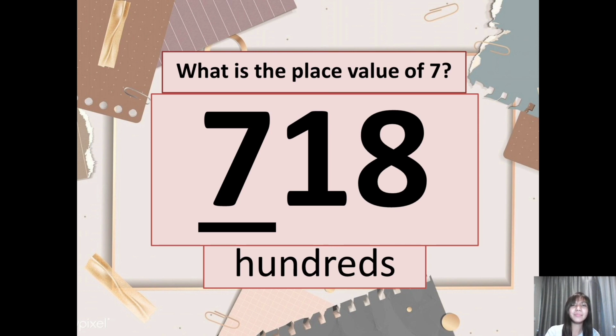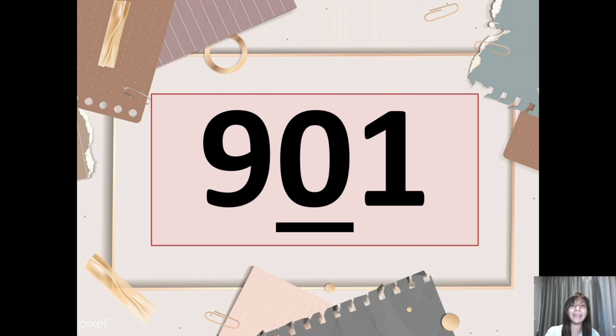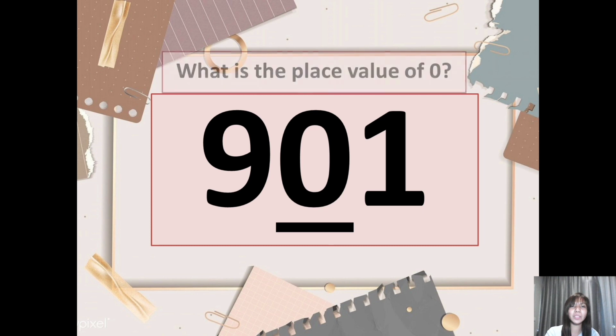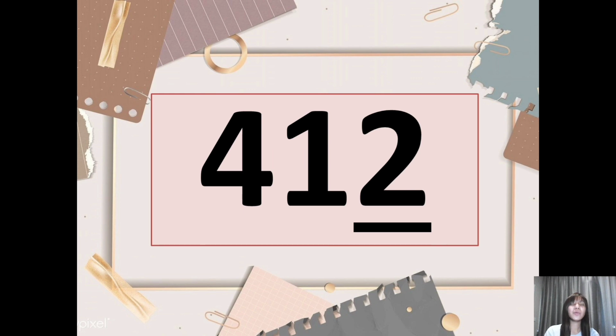Okay? Next. We have here the number 901. The underlined number is 0. Now, the question is, what is the place value of 0? Okay, the place value of 0 is tens. Okay, very good. Next, we have here the number 412.